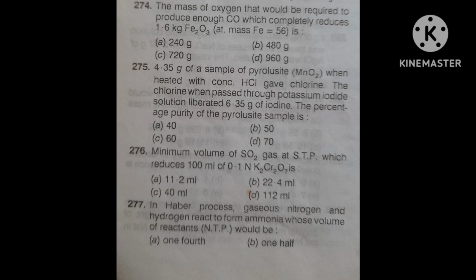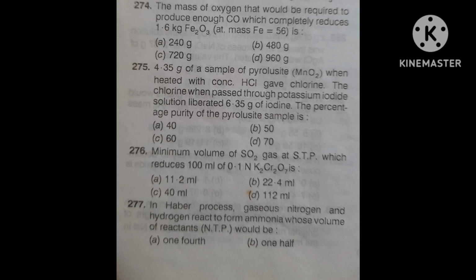Now I am reading the question. Question number 274. The mass of oxygen that would be required to produce enough CO, means carbon monoxide, which completely reduces 1.6 kg Fe2O3.